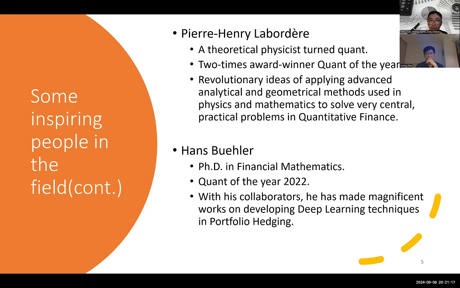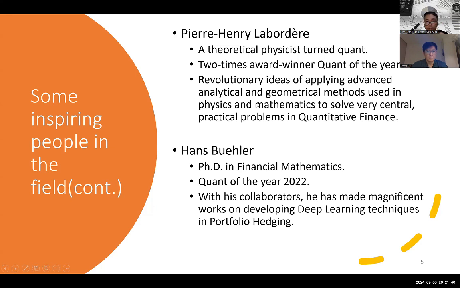He came up with the great idea of applying such things that apparently have nothing to do with quantitative finance, but eventually used them to solve very practical and central problems in quantitative finance. That's Pierre-Henri Laporte.